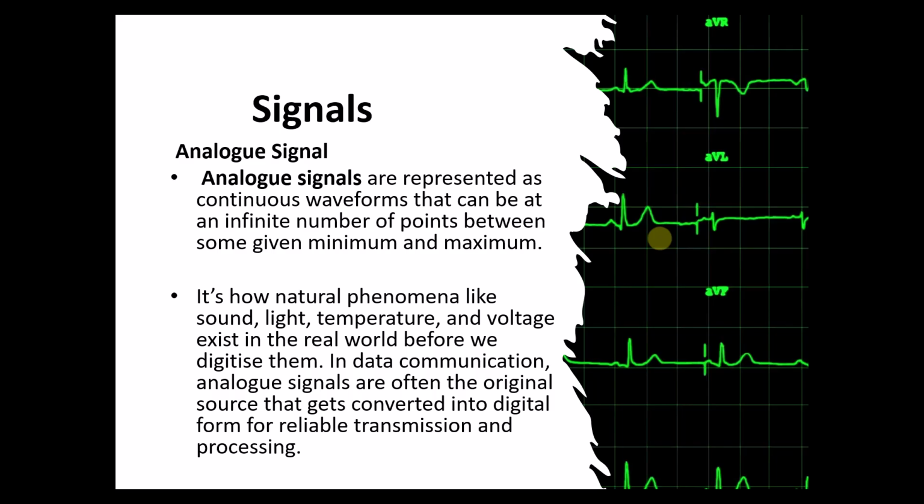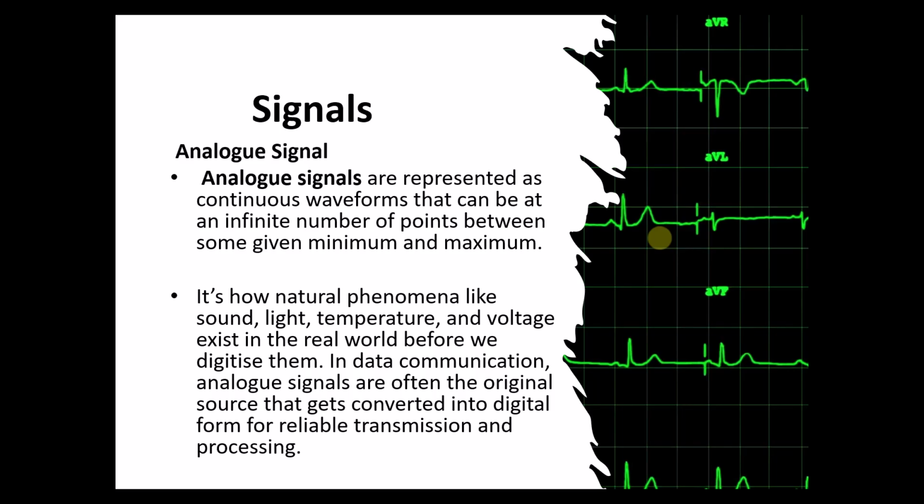In data communication, analog signals are often the original source that gets converted to digital form for reliable transmission and processing. So naturally, our data exists in the analog format before we convert it to digital format for transmission. Our speech, that's the audio, voice, light, temperature, voltage, all these exist as analog forms before they are changed to digital forms for transmission.